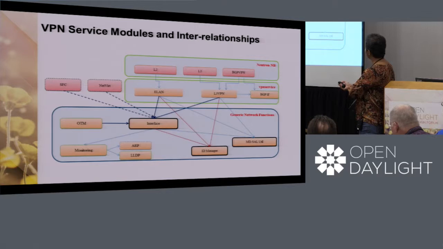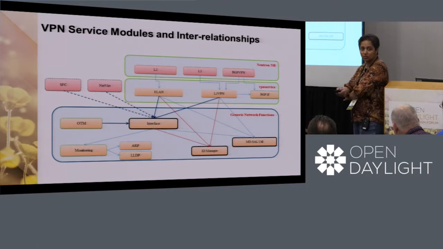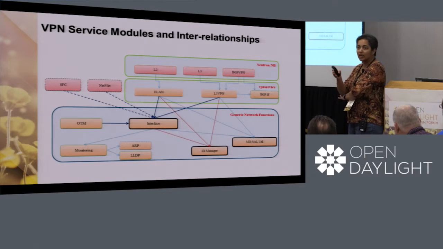So ELAN as a service would bind to a given interface, and so would L3. And if we go to this model, so would DHCP and ARP, all as independent services.